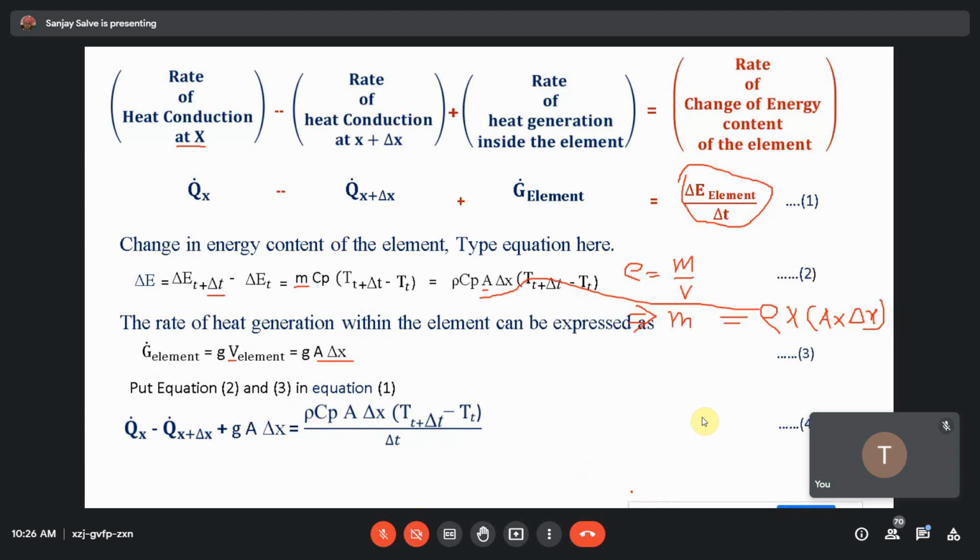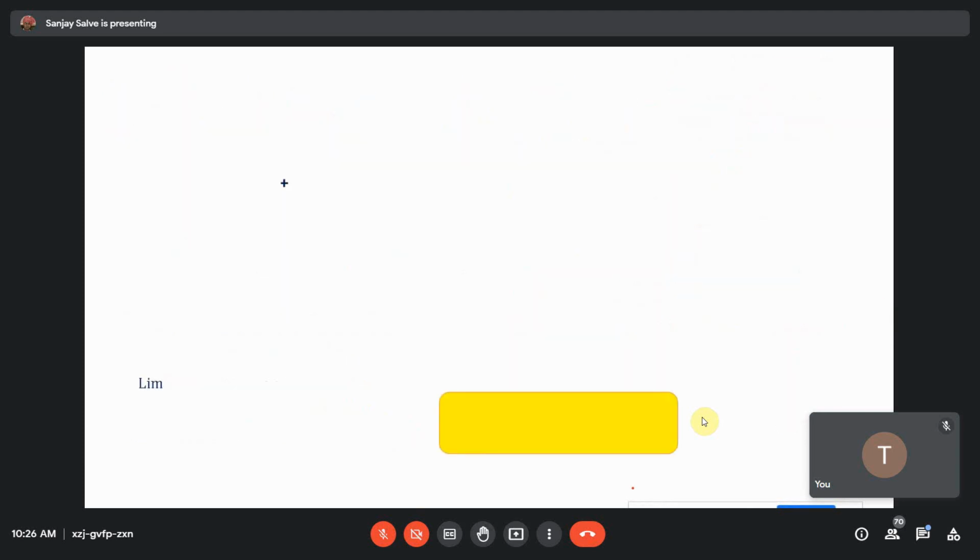Again, simplify this. So that one is equation number 4.